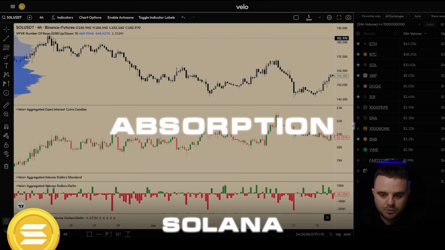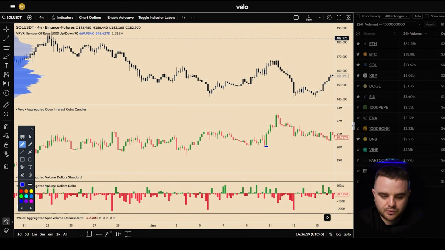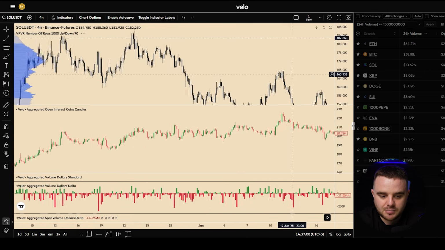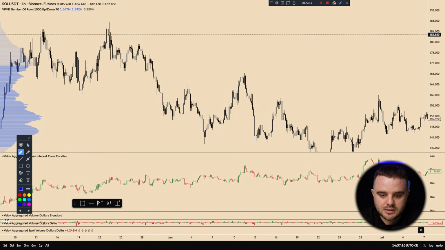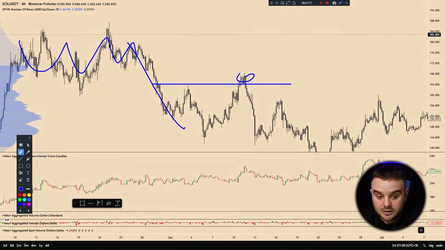An example of absorption: what Solana did. We have a significant rise in open interest in a tiny place. Pay attention: open interest rising, but price started creating a range. Plus, pay attention to what's going on with the price at that moment. We had this significant range which broke down, and it was a trend continuation move.